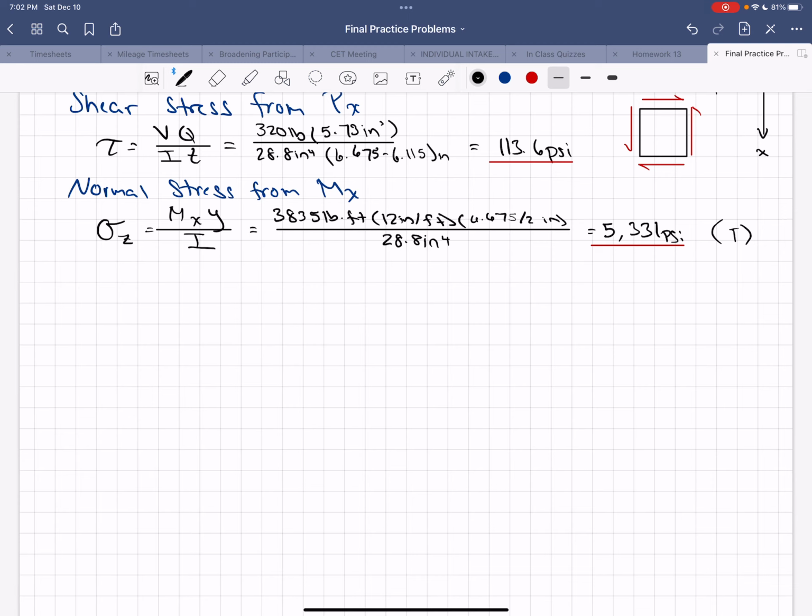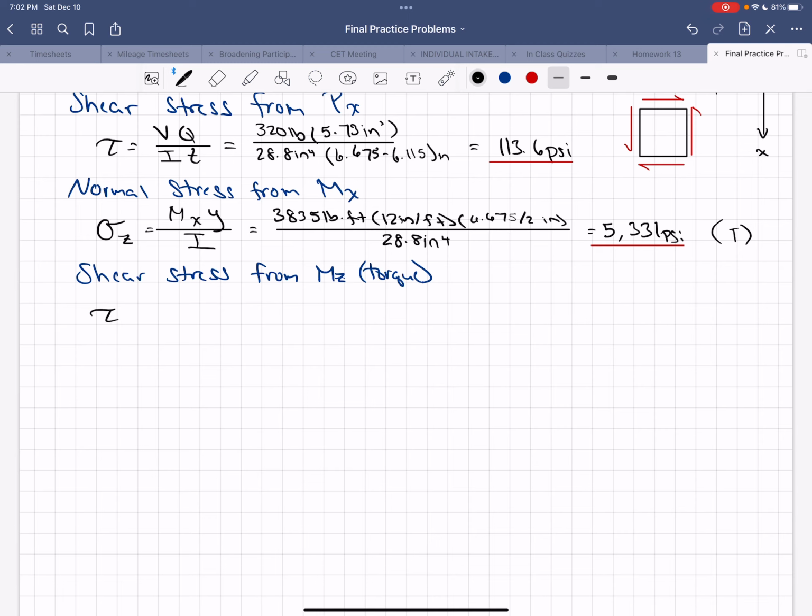All right, lastly, we calculate the torque, which is the shear stress from MZ. MZ is the torque.